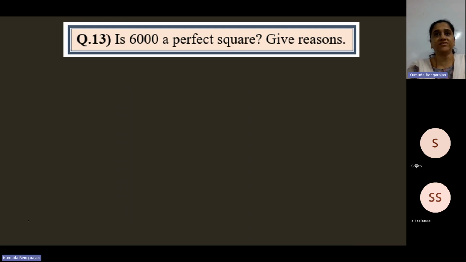Is 6,000 a perfect square? Give reasons. Now, a number which ends with an odd number of zeros cannot be a perfect square.